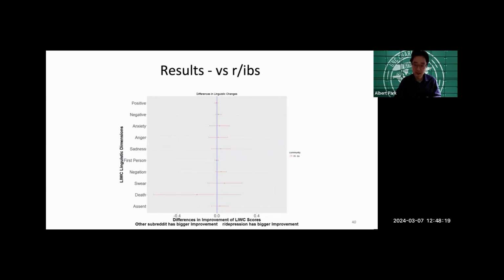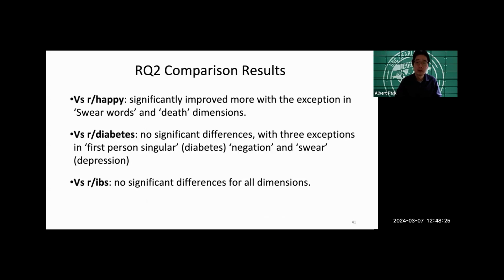And for IBS, there were no significant differences in all dimensions. To summarize, members of the depression community were improving just as much compared to other online health communities. But positive emotion being such a dominant force in the Happy group, they were showing more improvement overall.